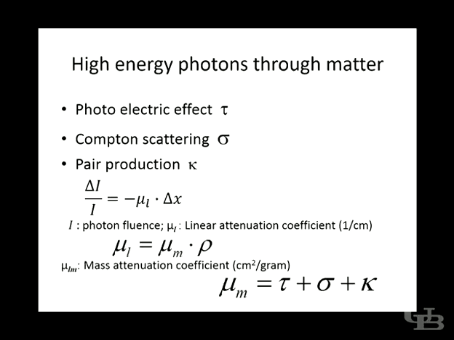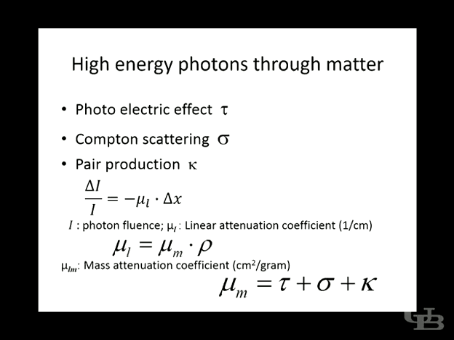And this change is proportional to how thick the material is that you put there, proportional to this delta X. And the proportional ratio depends on what kind of photon, basically the energy you have, and what kind of material you have.